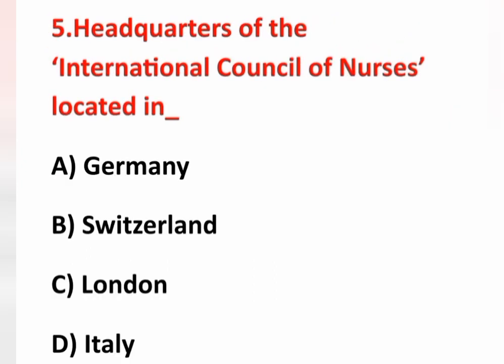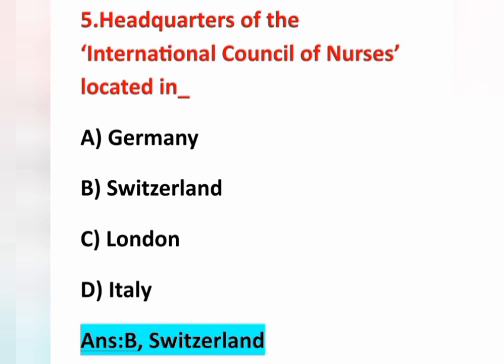The question: headquarters of the International Council of Nurses is located in? Options are option A Germany, option B Switzerland, option C London, option D Italy. The headquarters of ICN is in Switzerland, that is Geneva in Switzerland.